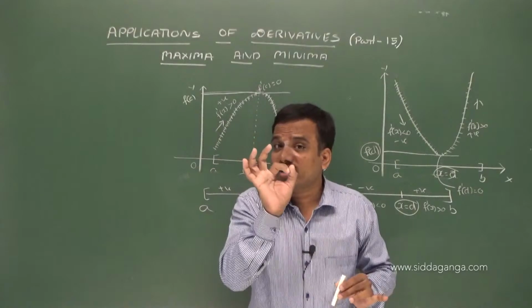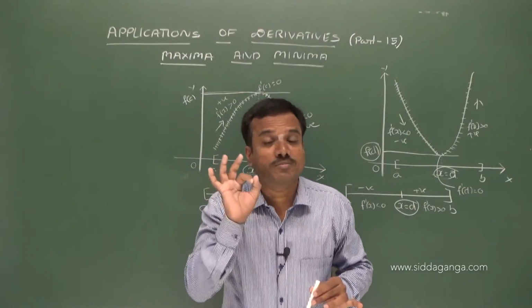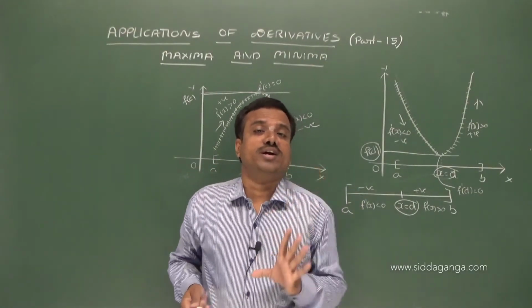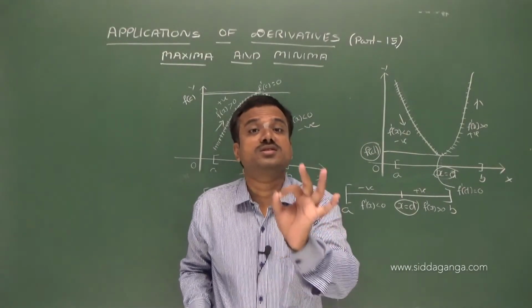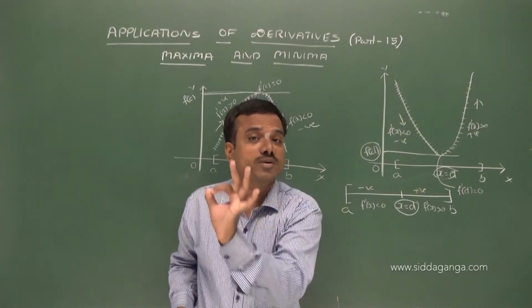This is the concept of the first order derivative test, which we follow in increasing and decreasing functions. Now we will see a very important concept: how to find maxima and minima using the second order derivative test.